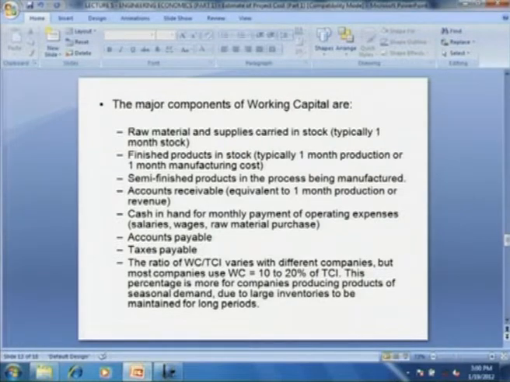The ratio of working capital to total capital investment varies with different companies. Most companies use working capital equal to 10 to 20% of total capital investment. This percentage could be more for companies producing products of seasonal demand, as I just said, due to large inventories that we need to maintain for a longer period.